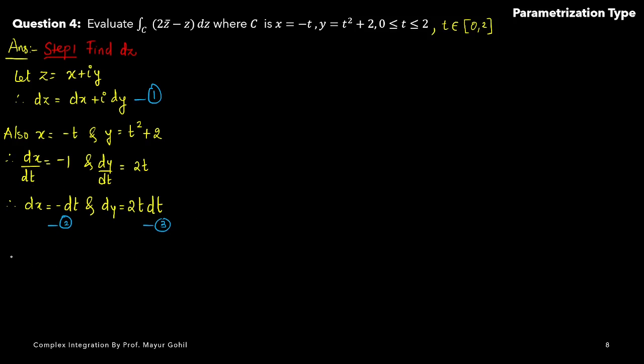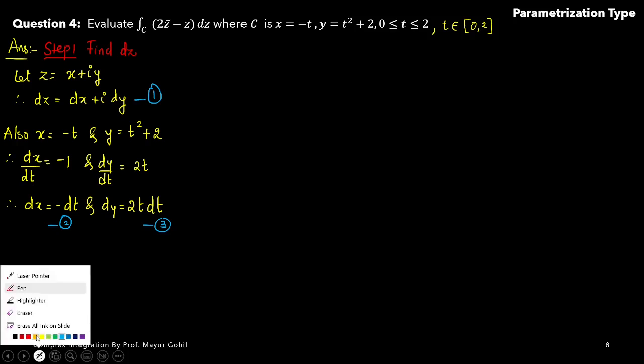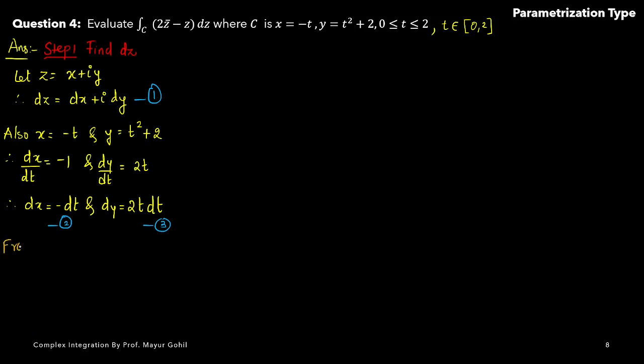Then from 1, 2 and 3 we get dz equals minus dt plus i times 2t dt.